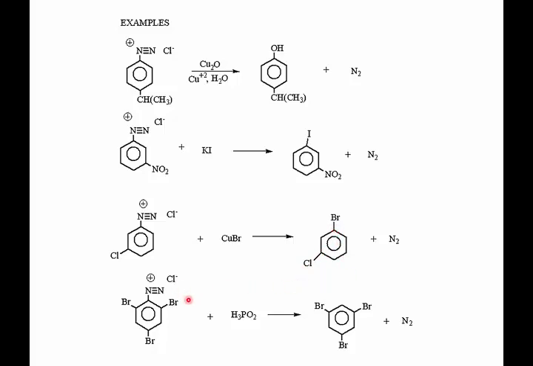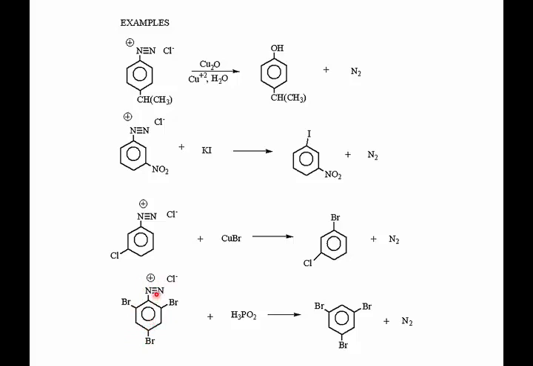All right, and the last example is this benzene diazonium ion. Bromine's in the ortho and para positions. Interestingly, the starting point here would be an NH2 before it's diazotized, and that would have been made by taking aniline itself.